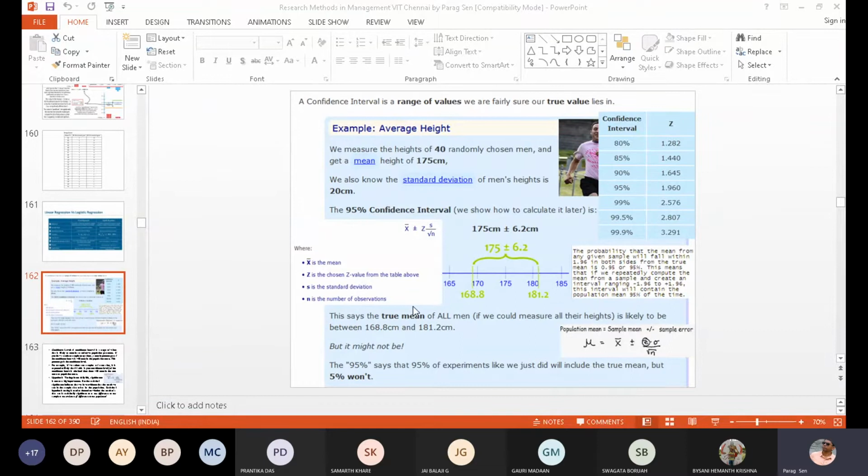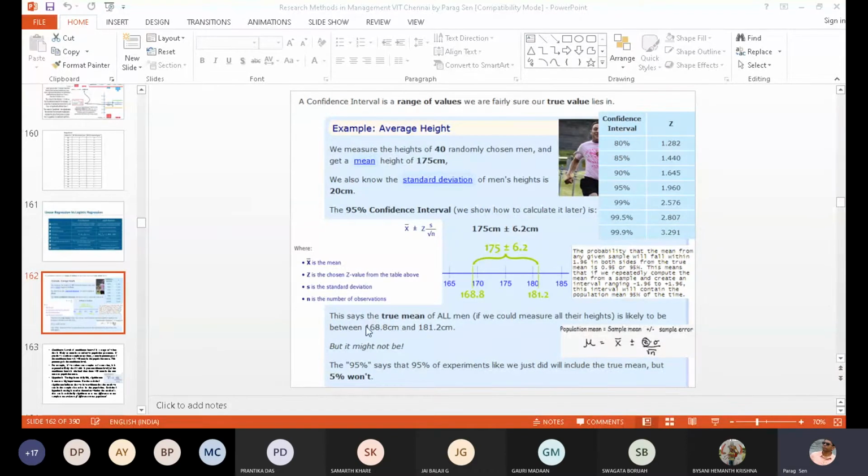What is meant by true mean? True mean means the population mean, because you have just taken a sample of 40 randomly chosen men. You have no idea about the population because you have not taken the data for each and every man.